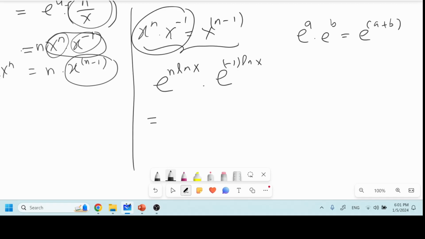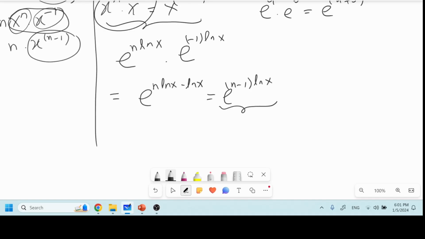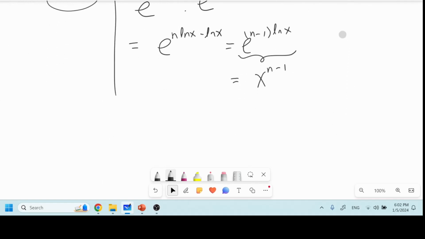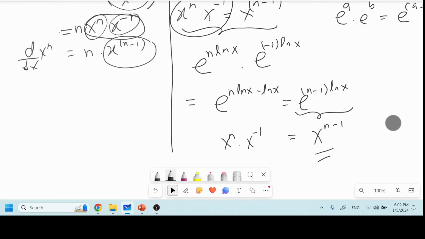That gives us e to the power of n ln x minus ln x, which is just e to the power of (n minus 1) ln x. Then you recognize that e raised to the power of (n minus 1) times ln x is just x to the power of n minus 1. Therefore, we have just proven that x^n multiplied with x^(-1) is simply equal to x to the power of n minus 1.